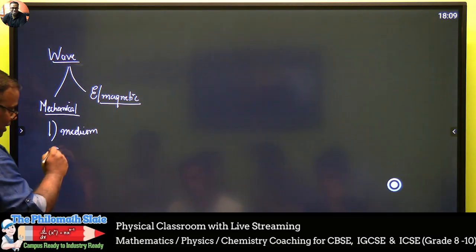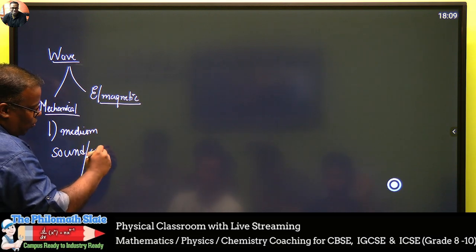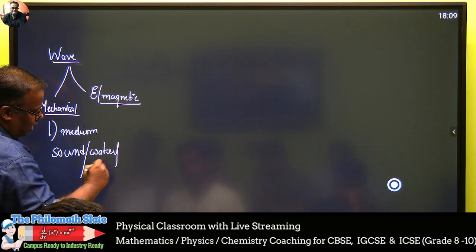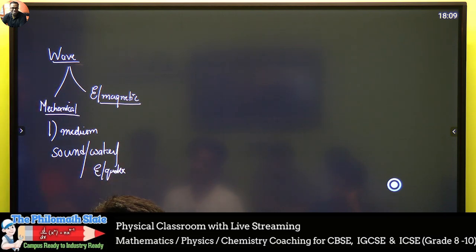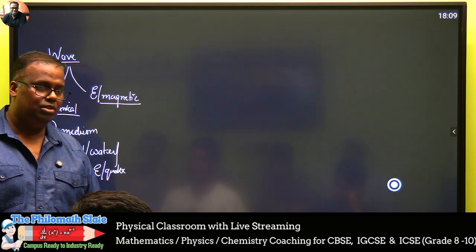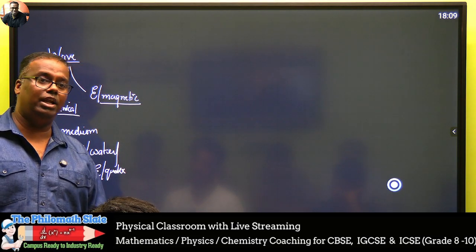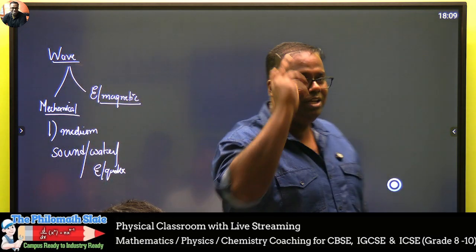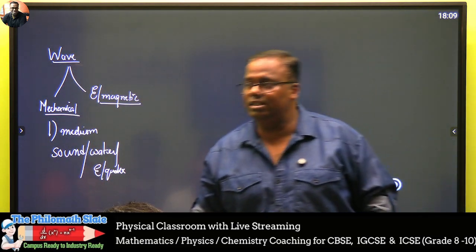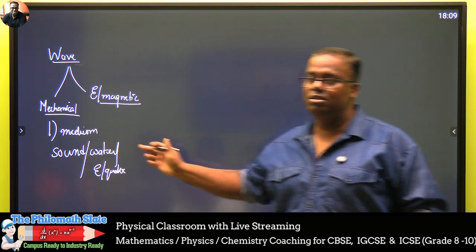So our chapter is sound. Sound comes here, water waves come here, earthquake comes here. All of these need a medium. No medium, no wave. In space, do we have air? No. So sound does not travel. In grade 8 you used to hear a question: why do astronauts use radio sets for communication? Because in space we do not have a medium, and sound is what?